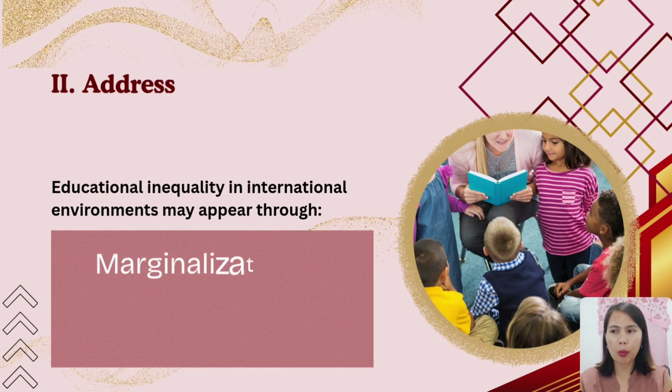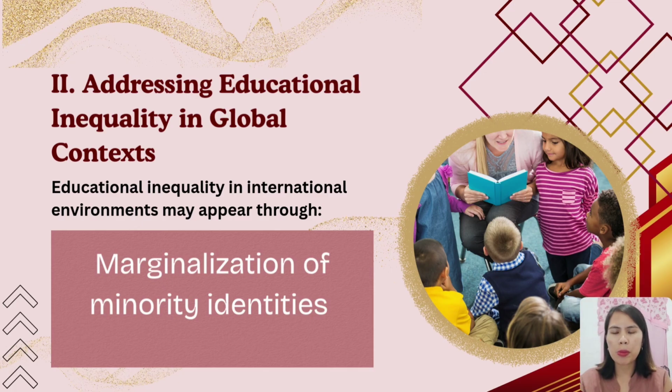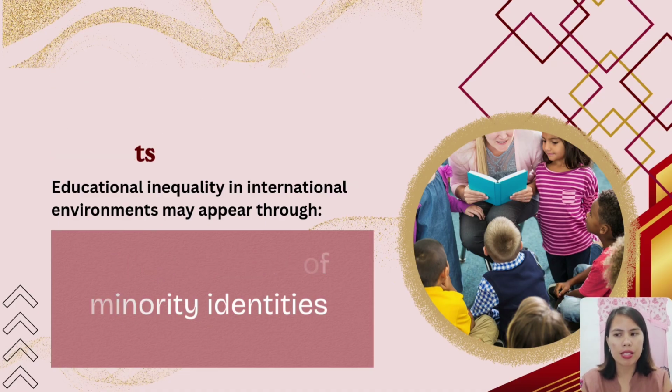The last one is lack of representation of minority groups. Globalization sometimes prioritizes dominant cultures while minority cultures receive less attention. An example is that indigenous cultures in countries such as Canada and Australia were historically underrepresented in school curricula. When global education systems adopt standardized curricula, local cultures may receive less emphasis.